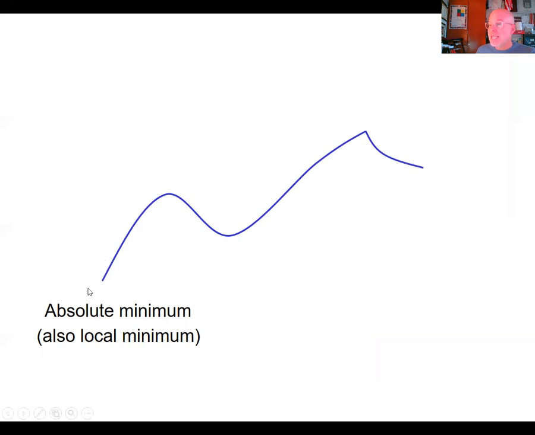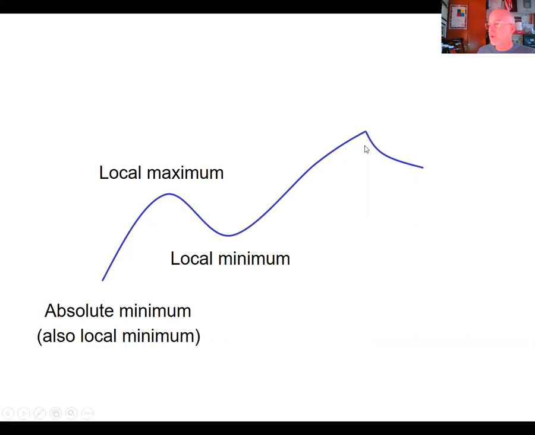So around this little region, that is the minimum value within that region locally, but it's also the lowest value of the entire function. Well, what about this peak right here? Yeah, that's going to be a local maximum. It's not the absolute or global maximum, but locally, that is a local maximum. My next one? Yeah, it's a local min or a relative min. Not the smallest value of the function, but locally it is.